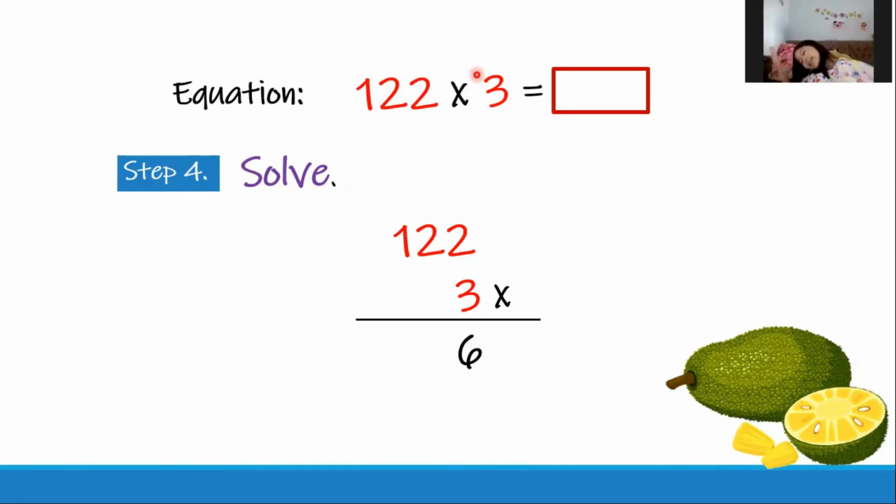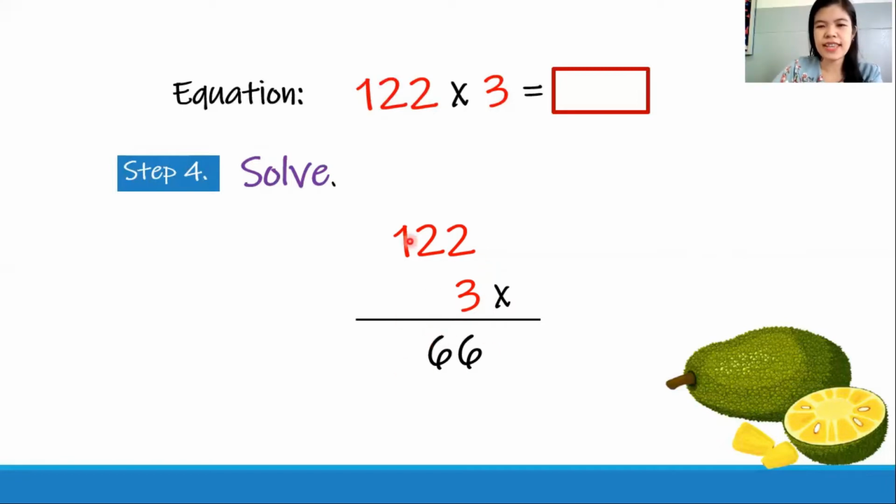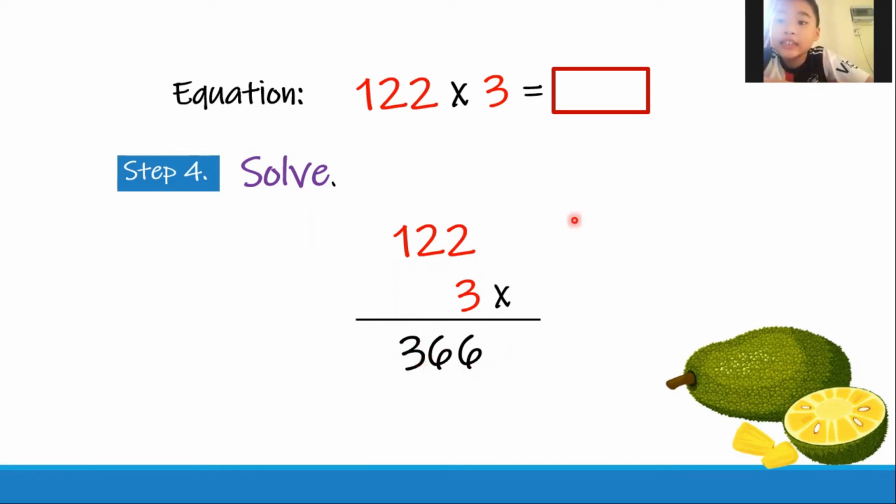Next, 2 times 3 equals 6 again. Next is 1 times 3 equals 3. So we got 366. Okay, so you finished solving.